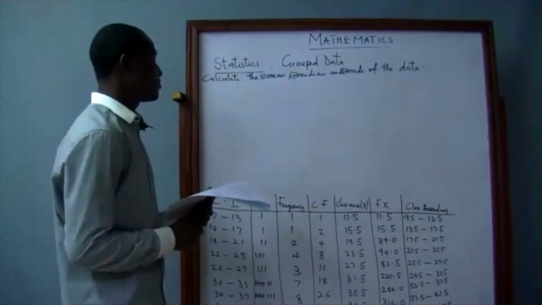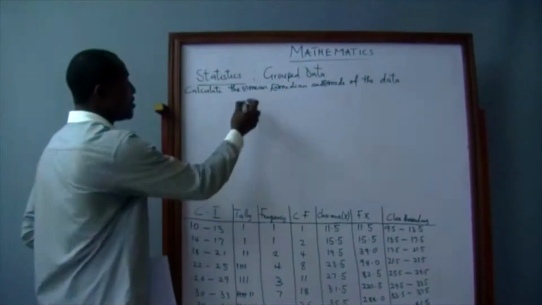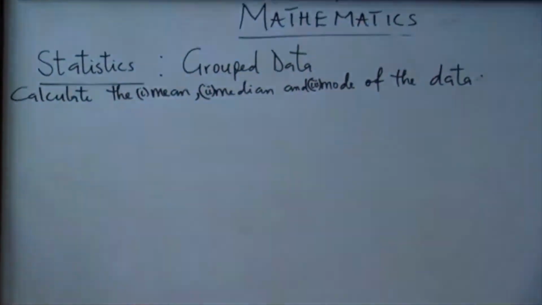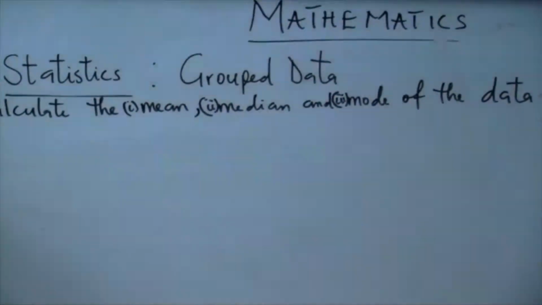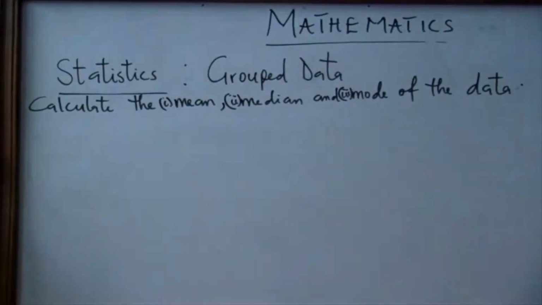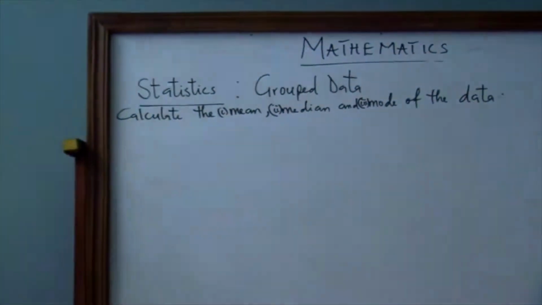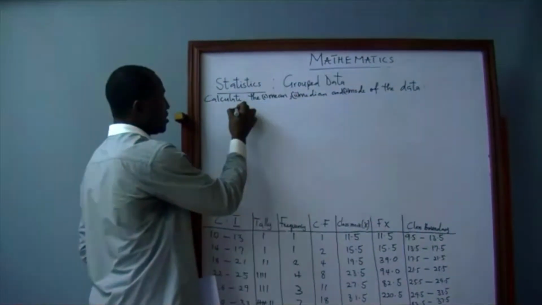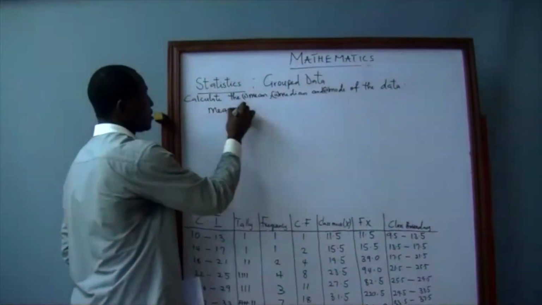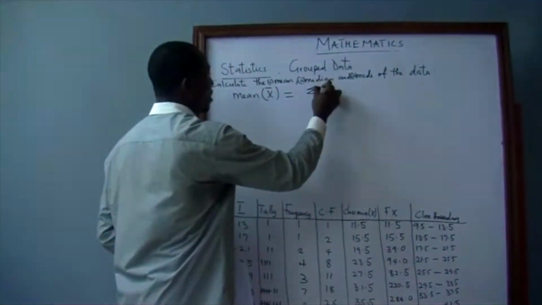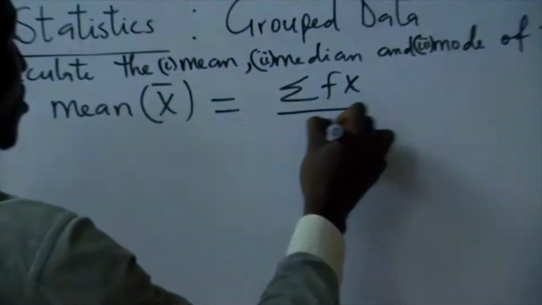From the data, we want to calculate the mean, the median, and the mode. Just like in the last class, where we were able to present data in a frequency distribution like this, but not grouped data. We remember that mean, which is x bar, is given by summation fx divided by summation f.